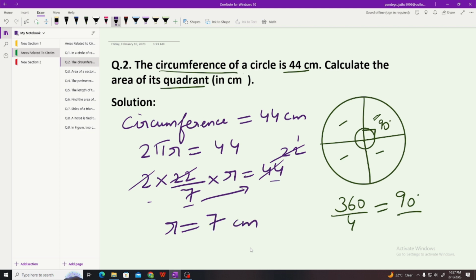So by using the formula of circumference of a circle, we got the radius. So radius is 7. Now we can easily find the area of the sector, that is the quadrant.